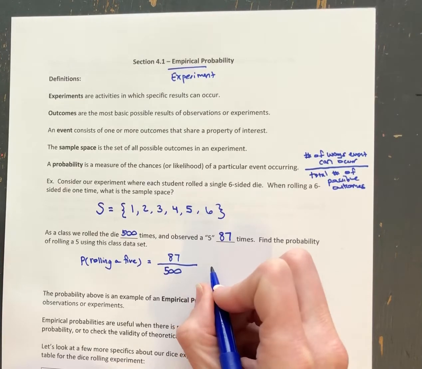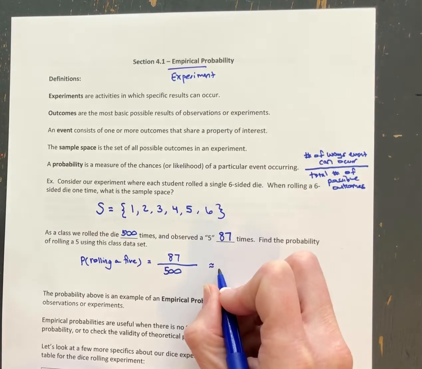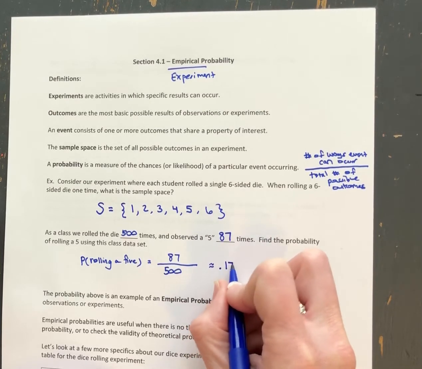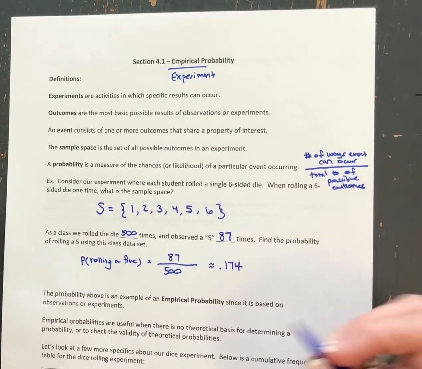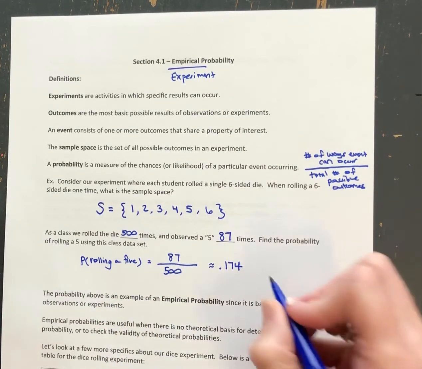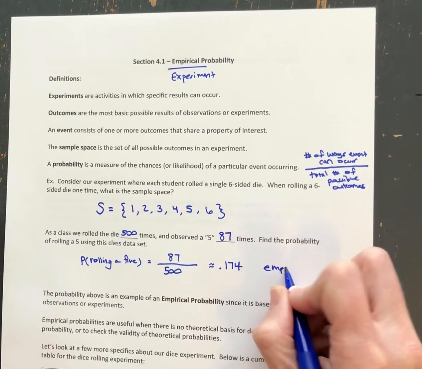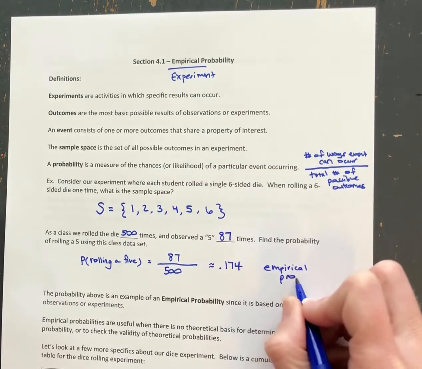And so that's 87 out of 500, which is about 0.174. Okay, so that would be our estimate for the probability of rolling a 5. And again, that is an empirical probability.